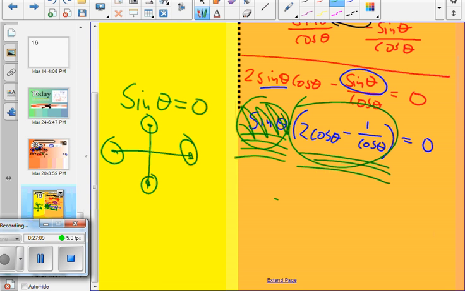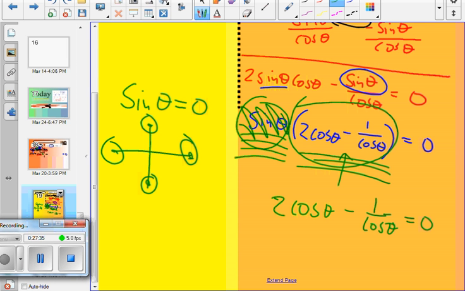Then, this part has to equal 0. 2 cosine theta minus 1 over cosine theta equals 0. I've given you a lot of little rules for a reason. One of them, early on, is to clear fractions. It's one of those top 20 skills. Clear the fraction. What do you do to get rid of that fraction?